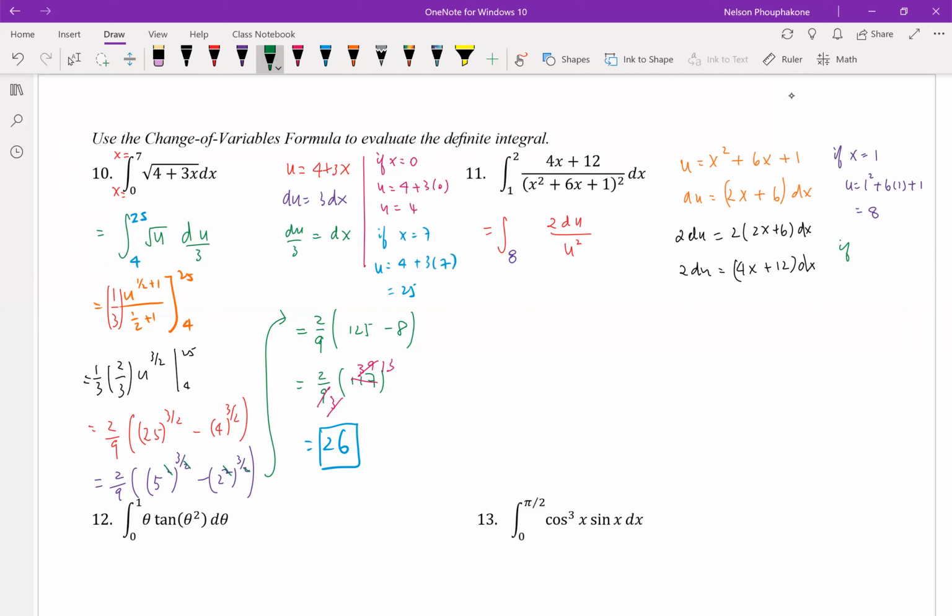If x equal to 2, then u is 2 squared plus 6 times 2 plus 1, which is 4 plus 12 plus 1, so it's 17.